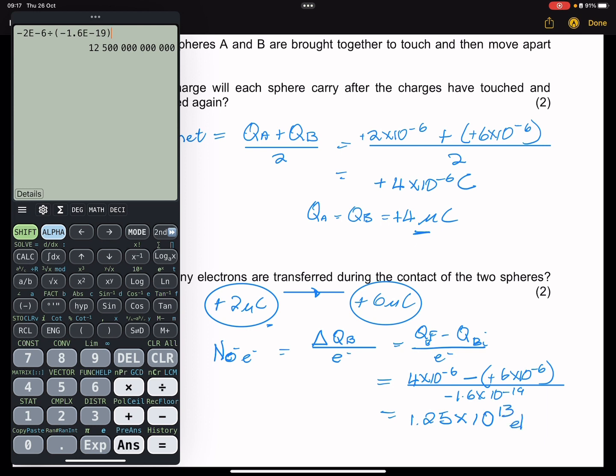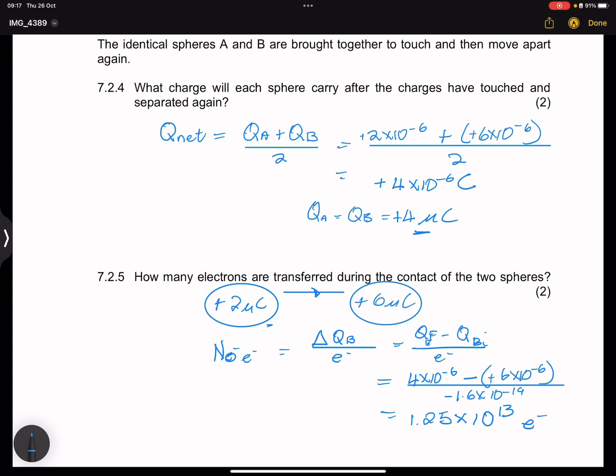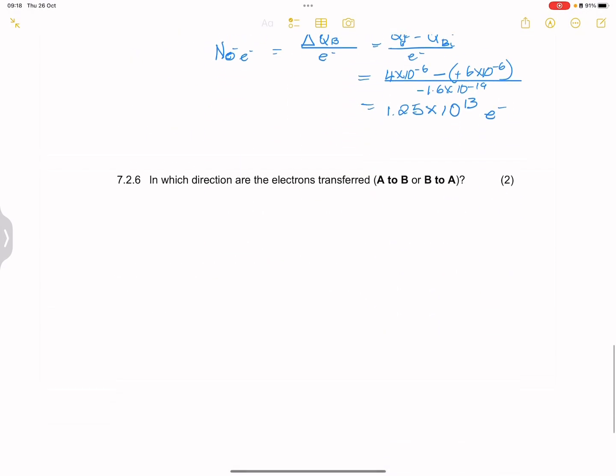These would be electrons, so let me just use the symbol for electrons. That would be the number of electrons that in this case were transferred. Remember, it's the change in charge divided by the unit charge of an electron. So that is how the cookie crumbles.